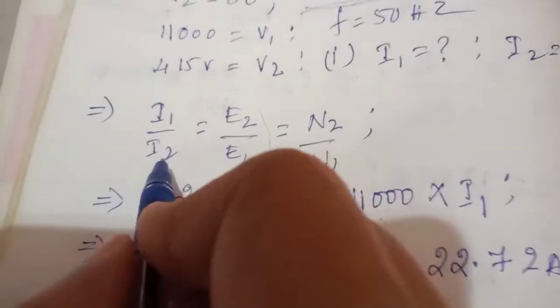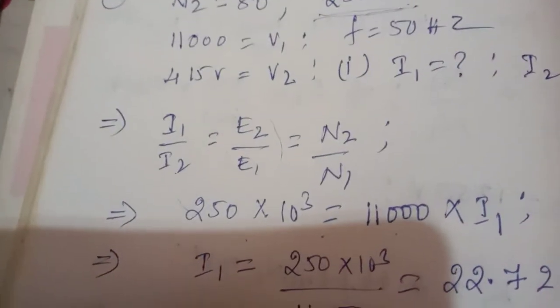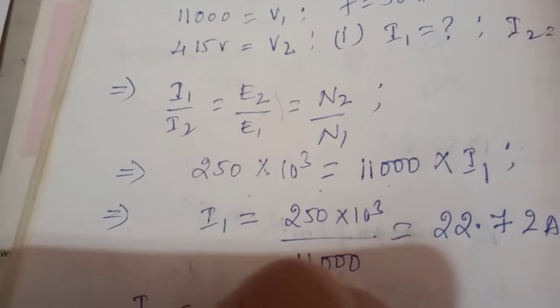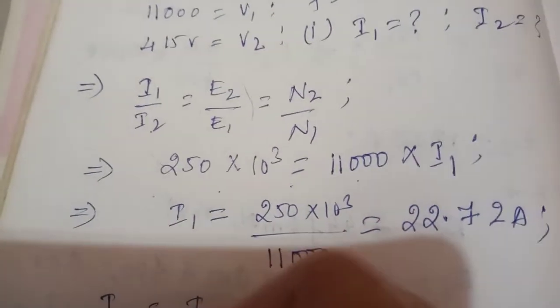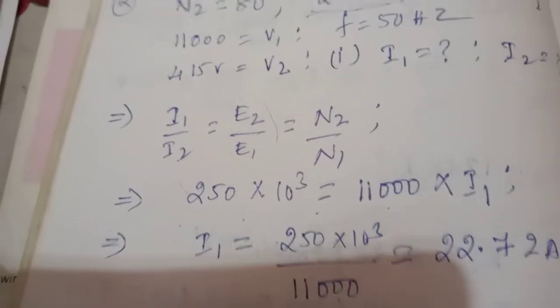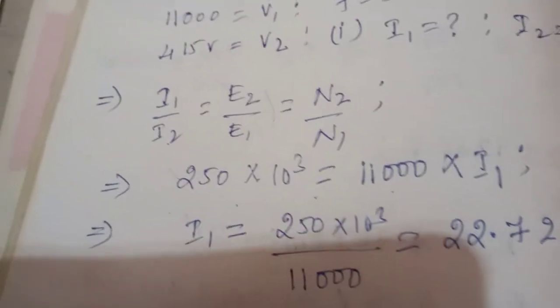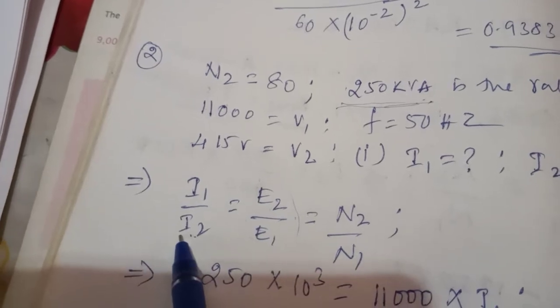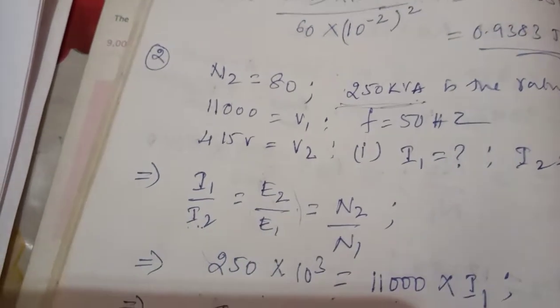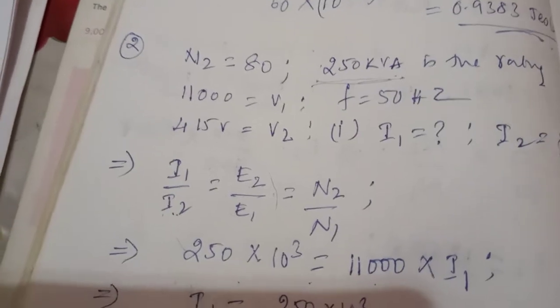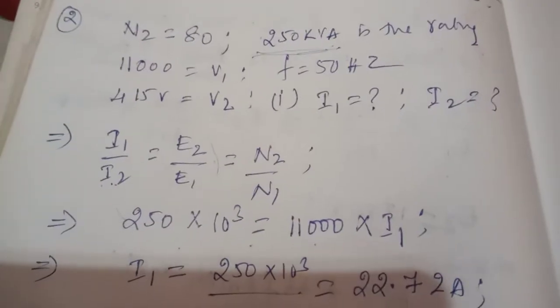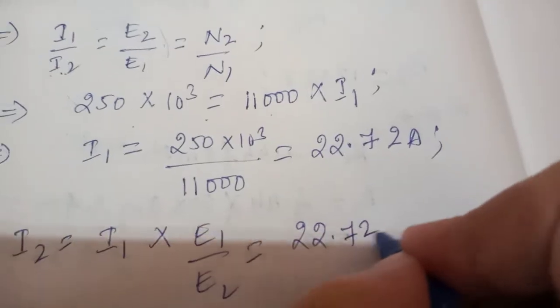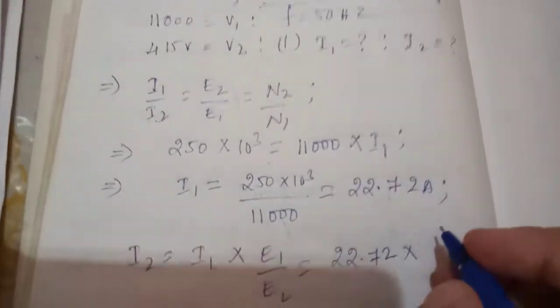Now you use this formula. So I2 is equal to I1 into E1 by E2, because if I2 goes this side, E2 by E1 goes to the denominator. So what is I1? 22.72. E1 by E2 is 11,000 by 415.